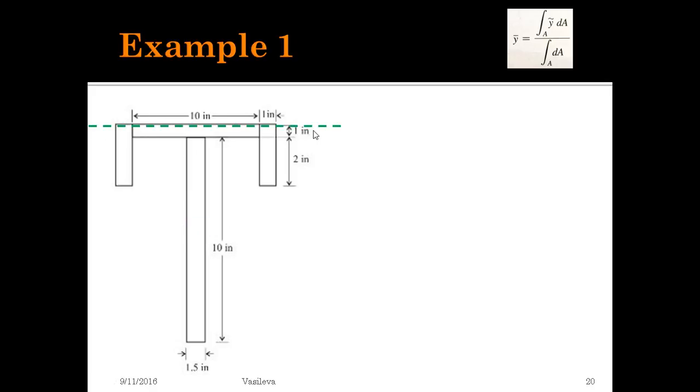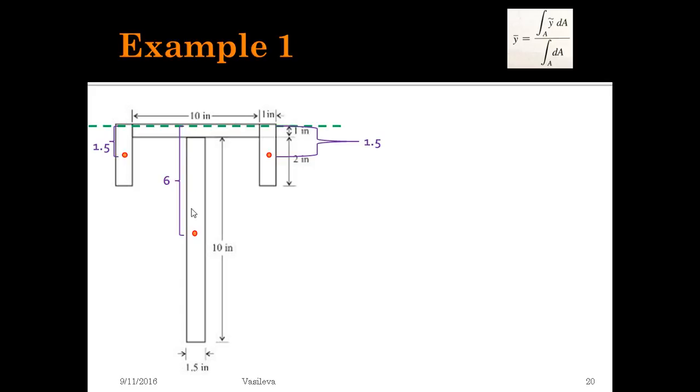If we start from the top, the center of gravity for this one would be here. The center of gravity for this one, just looking at this rectangle here, would be halfway down the rectangle, and then halfway down here. And then we want to find the distances, obviously, from the top. The overall length of the rectangle is 3 inches, so halfway down is 1.5.